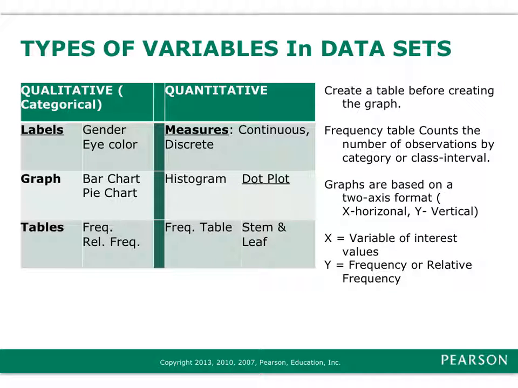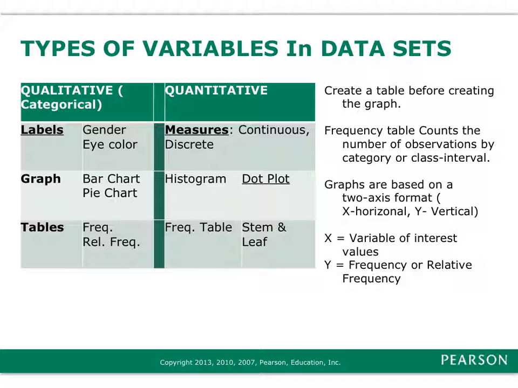And you will notice that the graphs that we're going to be interested in is bar charts or pie charts in this section. When we get to quantitative variables, we will be interested in histograms and dot plots, as well as stem and leaf plots.